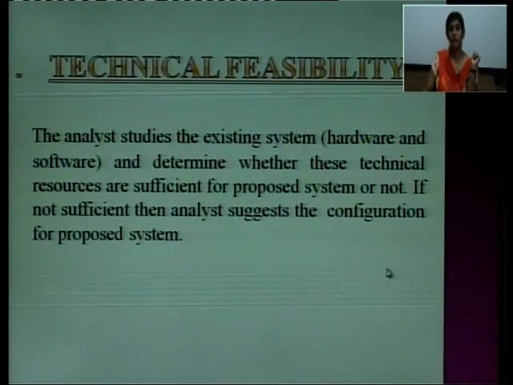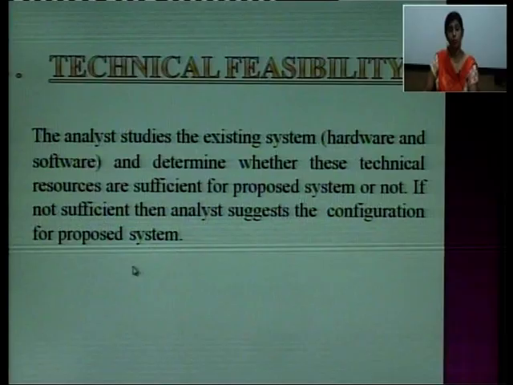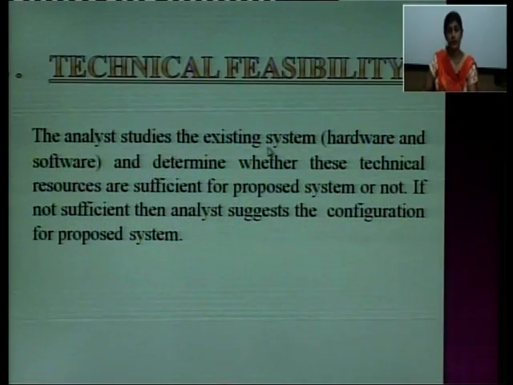Now, technical feasibility. What is technical feasibility? The analyst studies the existing system, hardware and software, and determines whether these technical resources are sufficient for the proposed system or not. If not sufficient, then the analyst suggests the configuration for the proposed system. Clear? I again repeat, what is technical feasibility? The analyst studies the existing system. What is included in the existing system?